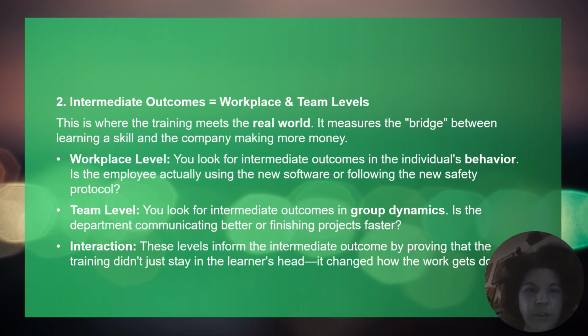On the team level, you look for intermediate outcomes in the group dynamics as a whole. Is the department communicating better or finishing projects faster? What is the interaction? These levels form the intermediate outcome by proving that the training didn't just stay in the learner's head. It changed how the work was getting done.